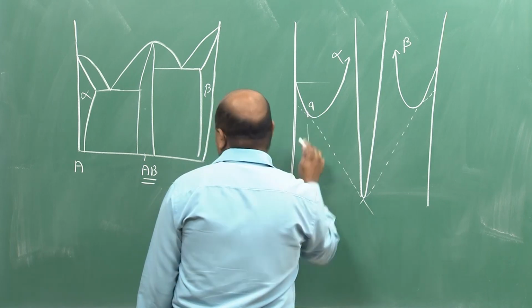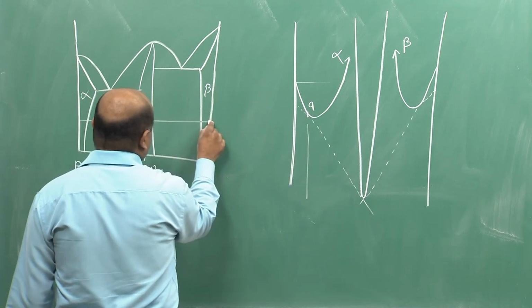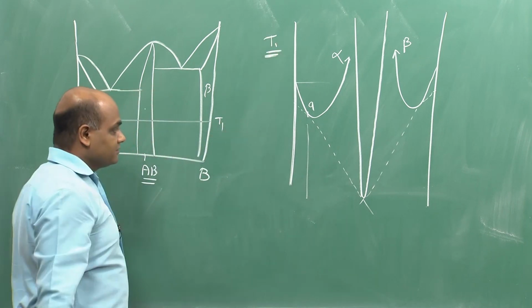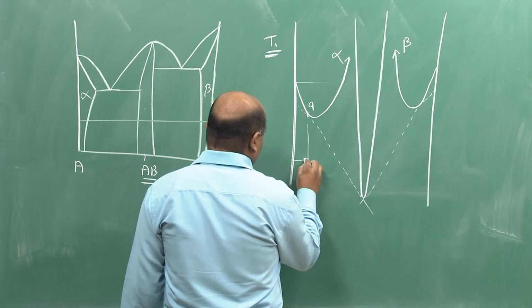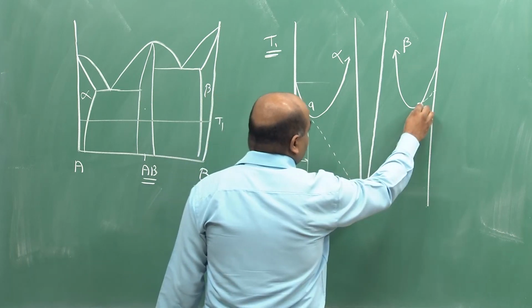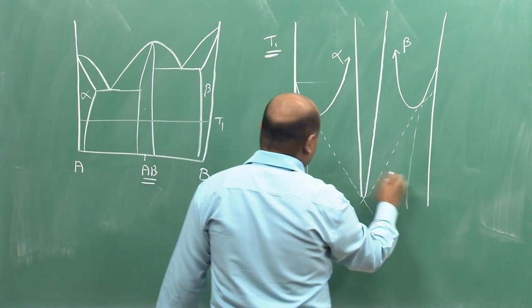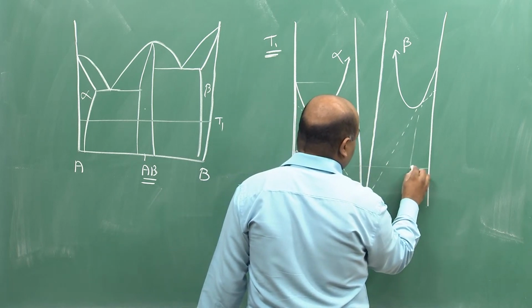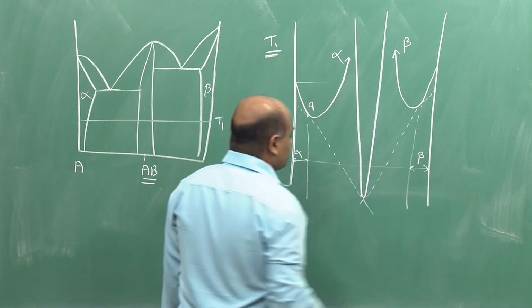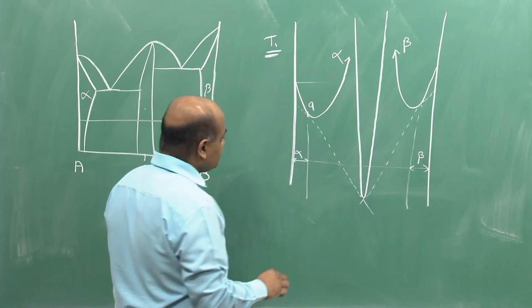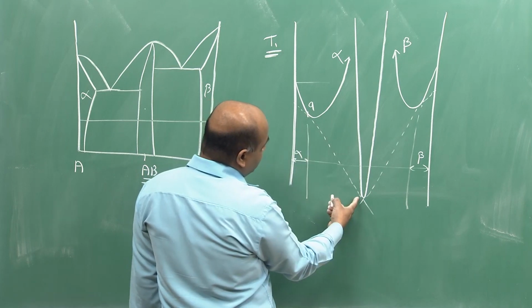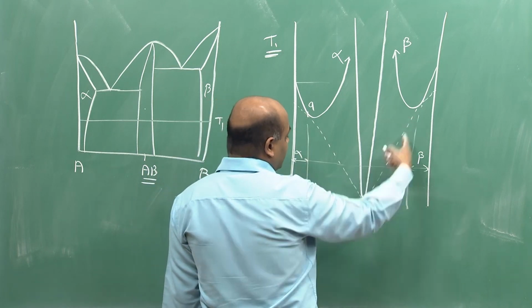Right. So, up to point A, if we consider this temperature T1 here, alpha is stable. Beyond this, beta is stable. Now, we can draw 2 common tangents, one between alpha and AB, the other between beta and AB.